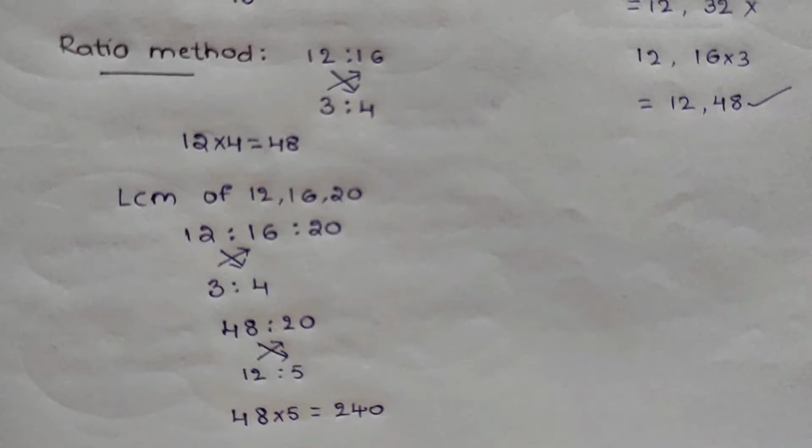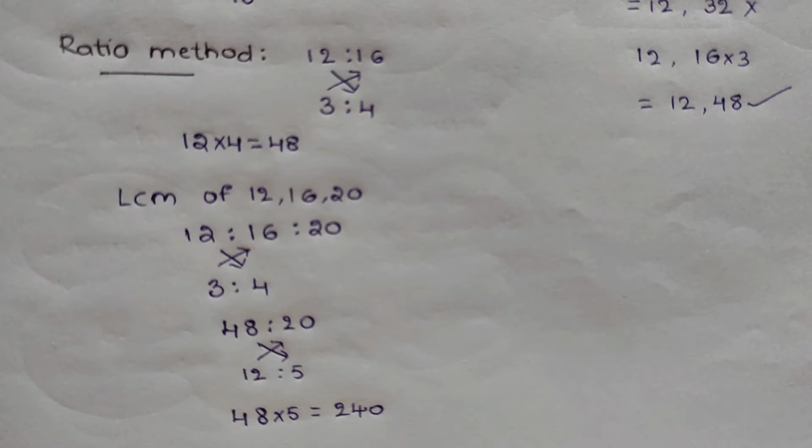So I have converted the 12 is to 16 ratio into 3 is to 4. Now we have to cross multiply 12 with 4, which is 48. If we cross multiply 16 and 3, it is also 48. So the LCM of 12 and 16 is 48. I hope you have understood it.